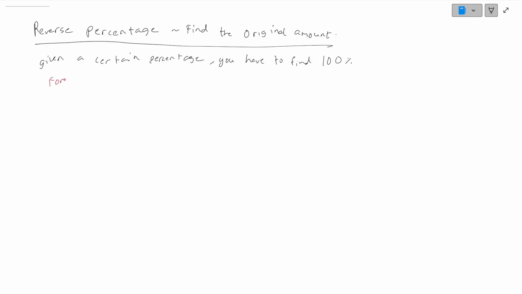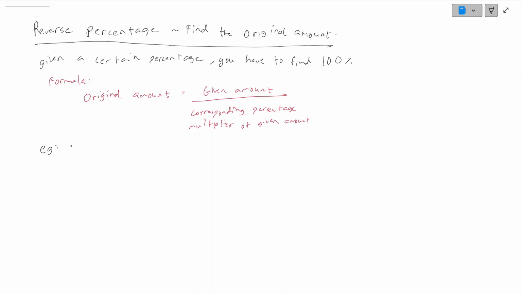And for this, the formula is quite simply the original amount is equal to the given amount divided by the corresponding percentage multiplier of the given amount. Let's take a look at an example where we use this formula.